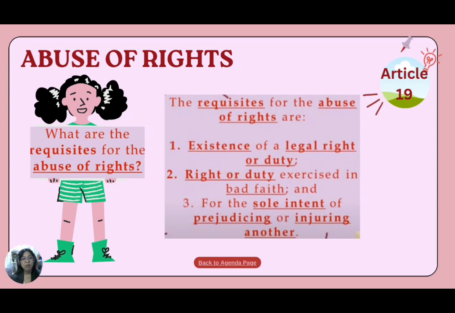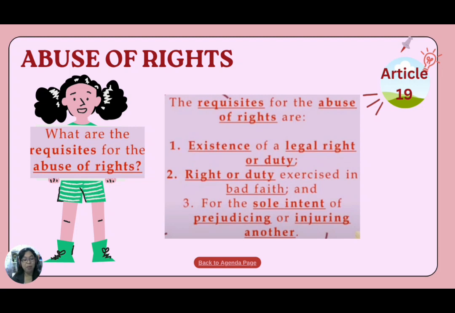So, yung tatlong requisite must be present para masabi nyo na there is an abuse of right really. So, the existence of legal right and duty, the right and duty are exercised in bad faith, and number three, the sole intent is to prejudice or injure another.